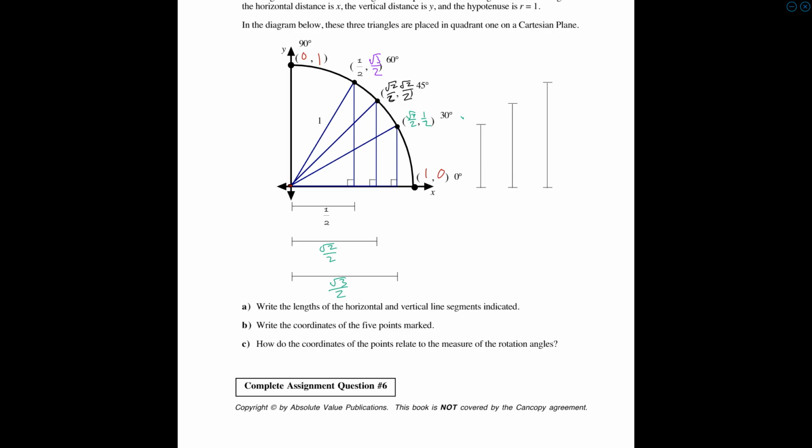And how do the coordinates of these points relate with the rotation angles? How is that relationship? What's the deal with the points and the coordinates? How would you find the coordinates from the angles, or how would you find the angles from the coordinates? For example, how is this √3/2 and 1/2 related to the fact that that's at 30 degrees?